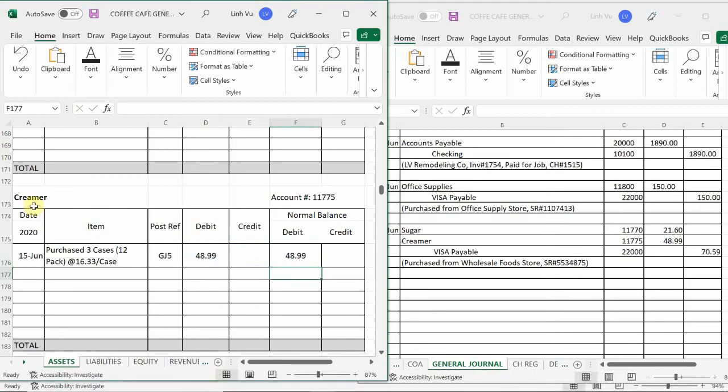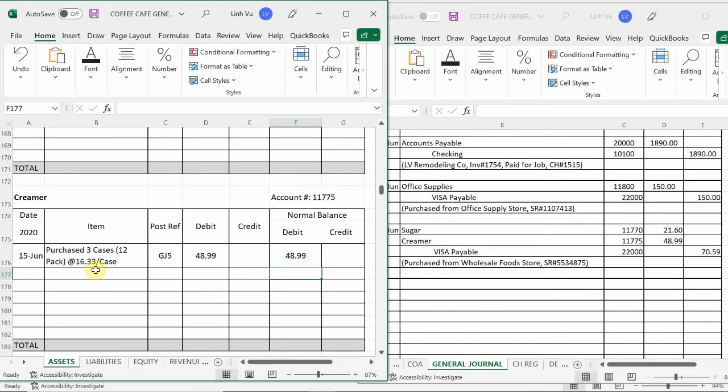That's kind of a lot for creamer, but it's a 12 pack. For one case, it's $16.33, and we're talking about those big bottles. One case has 12 bottles of creamer in it, so in this case, $1.50 per bottle.